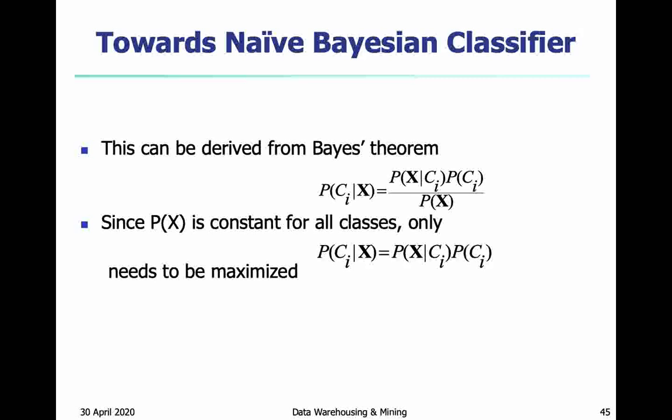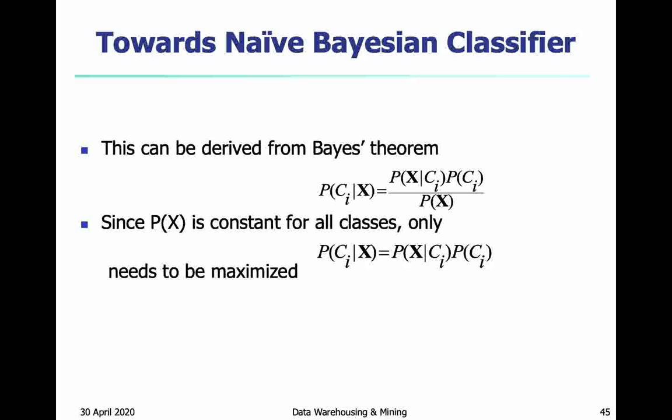So in that case we need to maximize only the probability of X conditioned on Ci, means if all the classes are equally likely, all the probabilities of the classes are the same, then only you need to maximize this one. Otherwise you need to maximize as a whole this probability of X conditioned on Ci times probability of Ci, right?